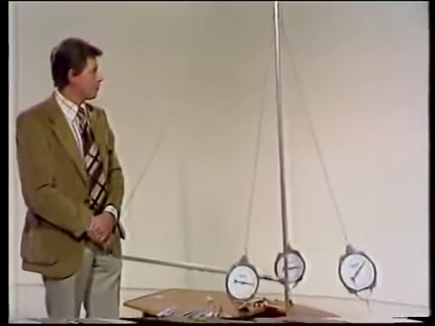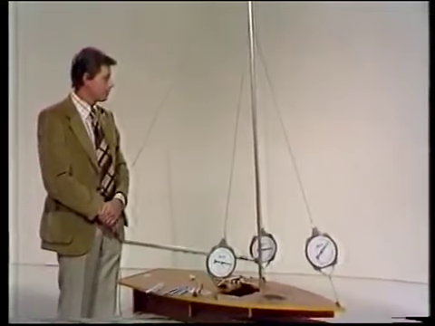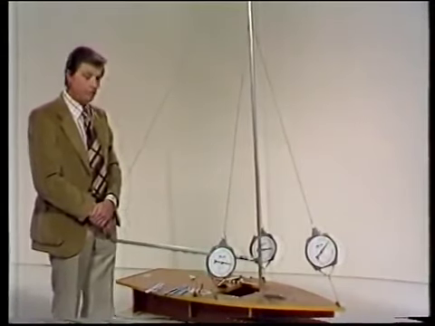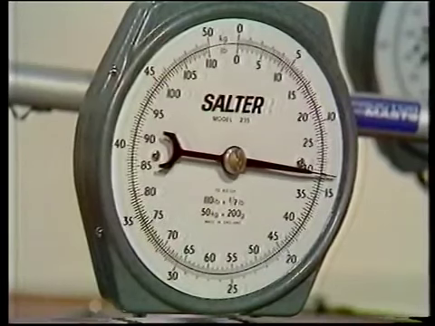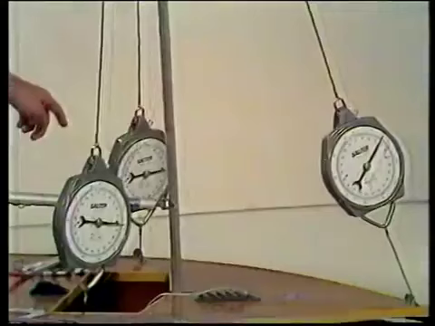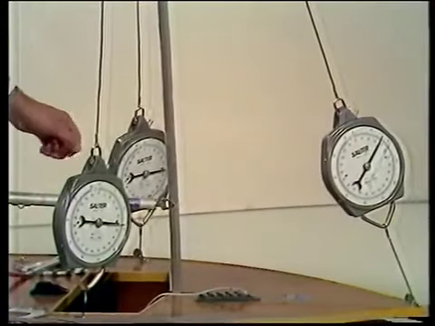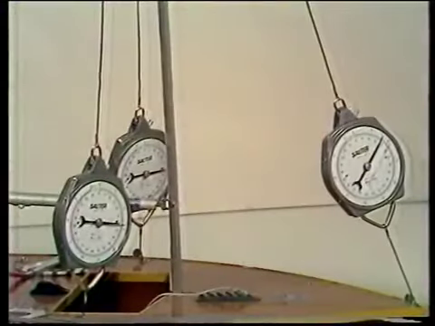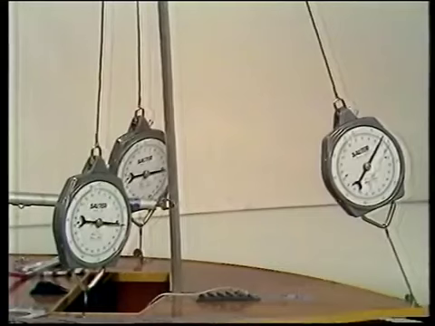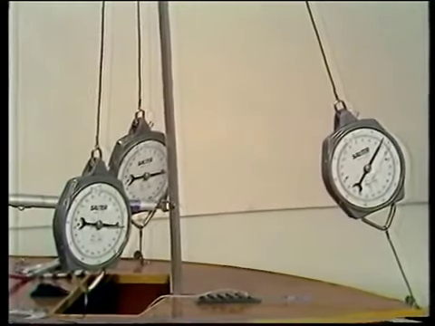See, we have our three forces here acting on the mast. The magnitudes of the forces we can read off on the spring balances down here. For example, this one is 14 units. That one is 14 units as well. And this one at the front here is 8 units. Well, I've got geometric vectors here cut to length, and I can put them in position so that you can see these forces acting on the mast.